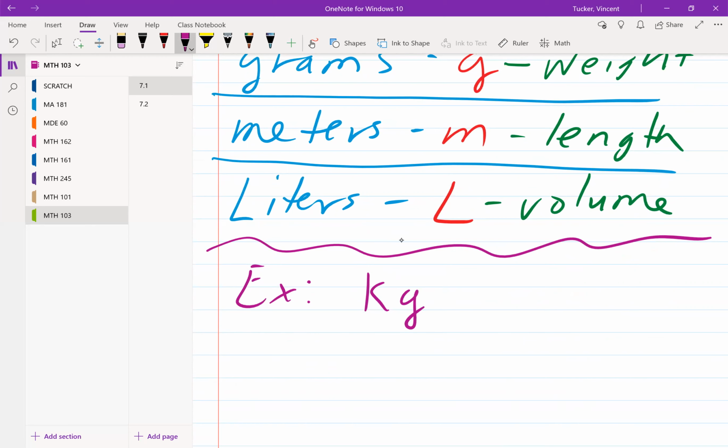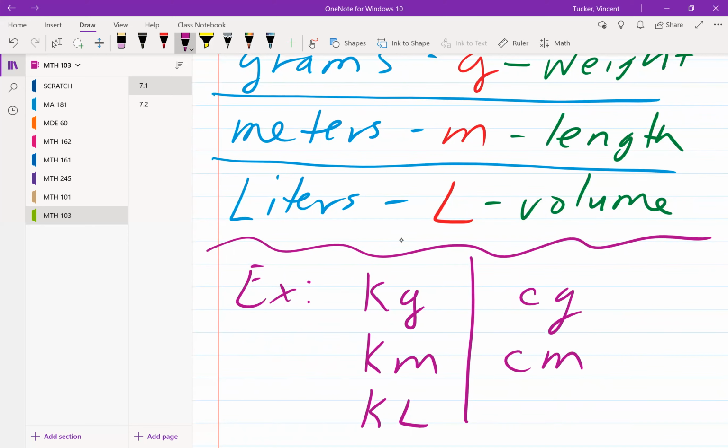So that could be kilogram, kilometer, or kiloliter, or it could be centigram, centimeter, or centiliter. So it just depends on what you're trying to measure. That would dictate which base you're using and which prefix your base would have.